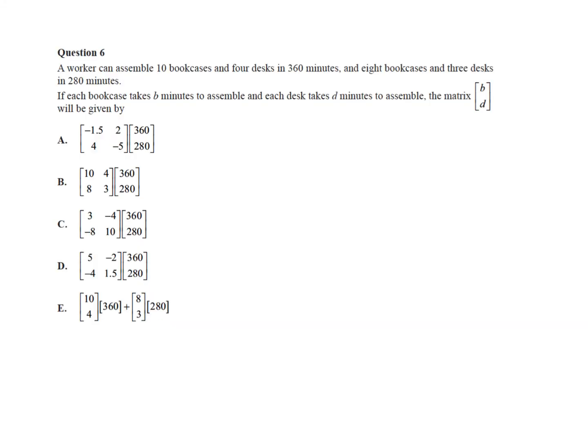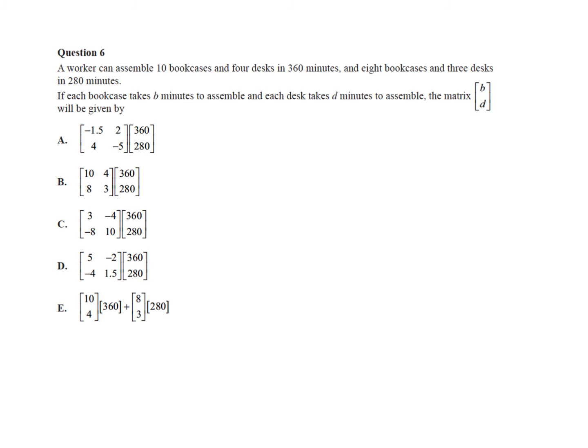Okay, question 6. A worker can assemble 10 bookcases and 4 desks in 360 minutes and 8 bookcases and 3 desks in 280 minutes. Each bookcase takes B minutes to assemble and each desk takes D minutes to assemble. The matrix BD will be given by... What they're doing is giving you simultaneous equations but in words.